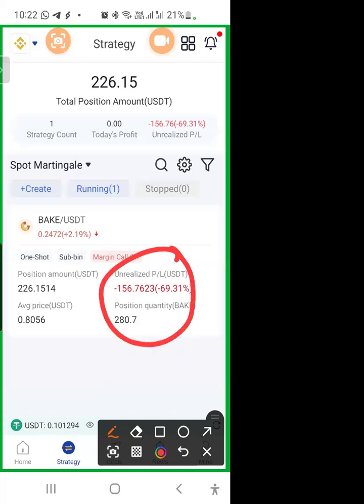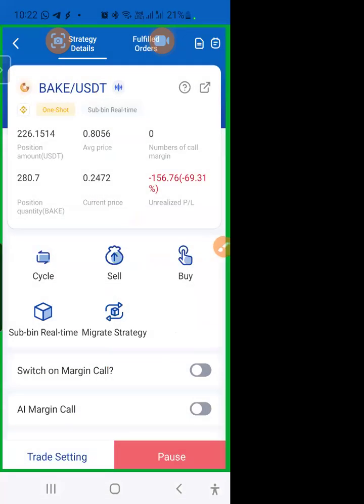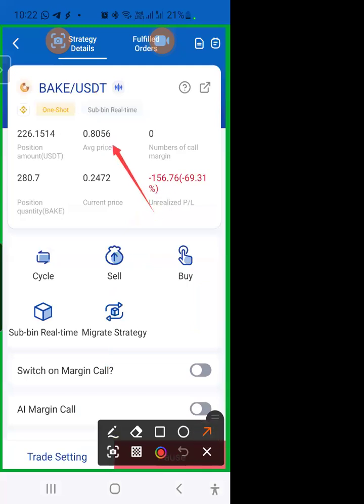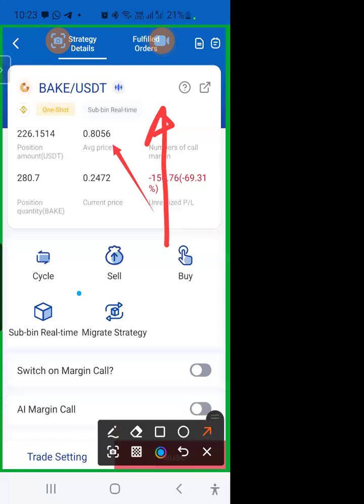For you to go into this kind of floating loss, this average price must be higher than this current price. If the current price is low and the average price is high, expect the floating loss. And therefore, for you to understand at what percentage your coin has floated or how much you can lose in case you sell manually, just look there. That is how much you can lose.